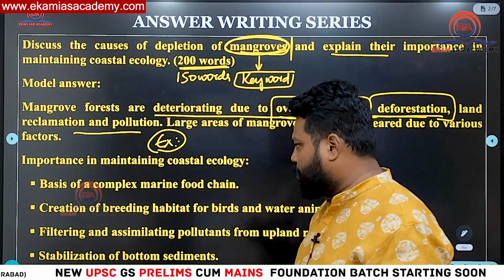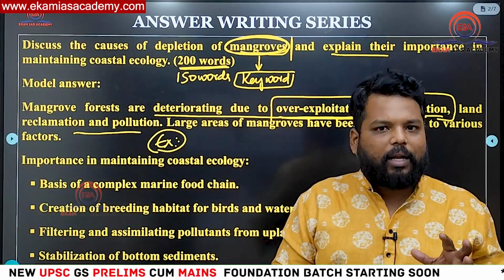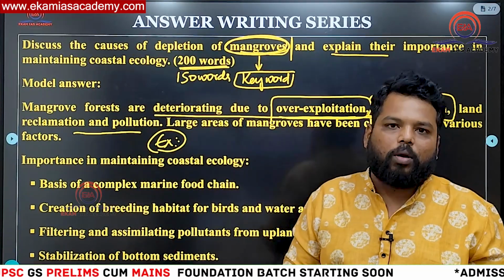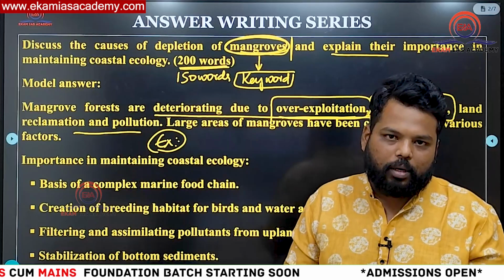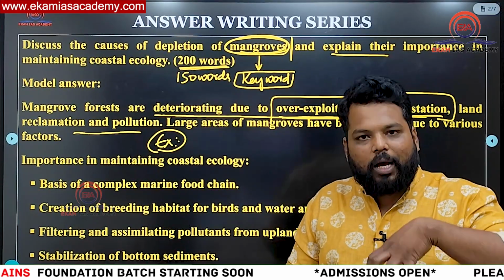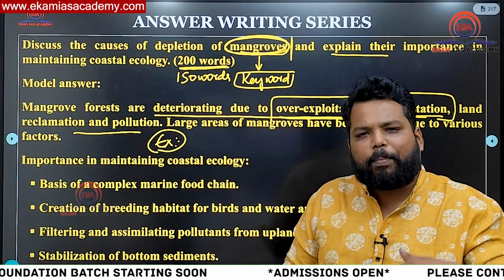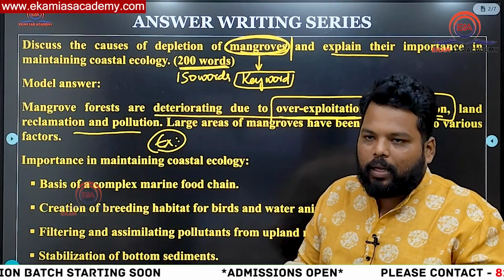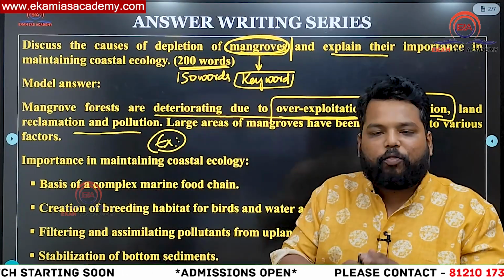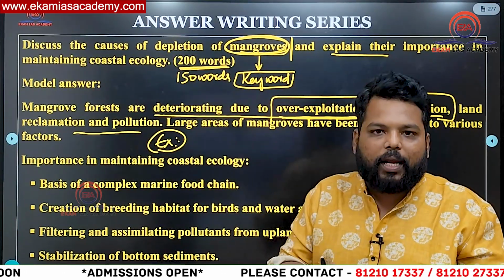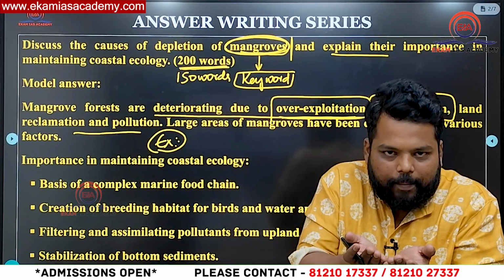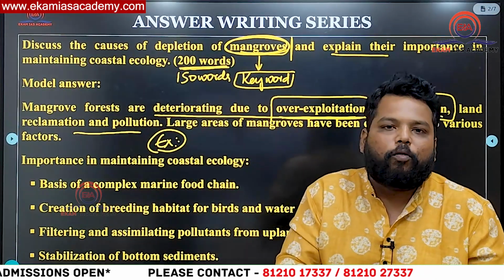This is an important aspect, clear. So these mangroves are the zone which contributes a huge amount of fishes, which shall be acting as prey for many predators. Clear. This marine food chain, which runs generally, has its basis at this mangrove forestry.